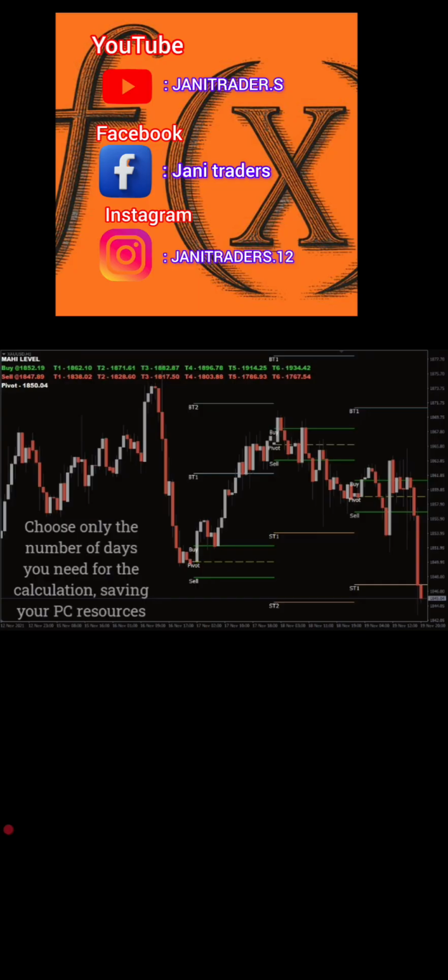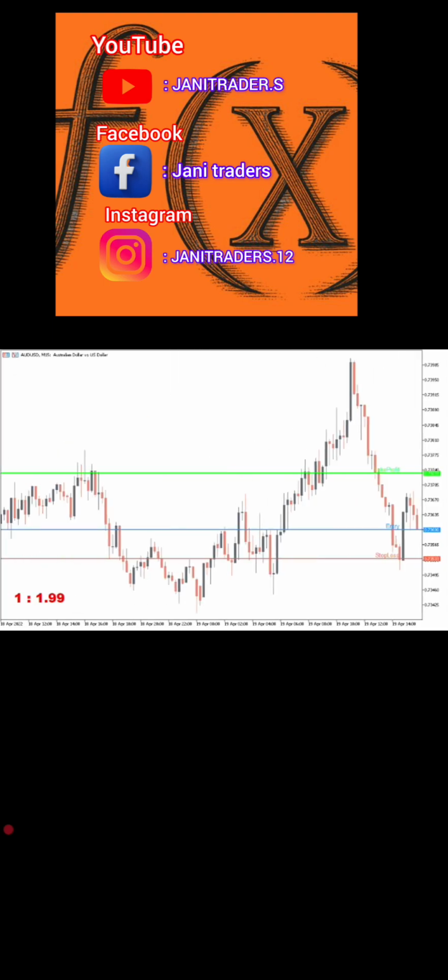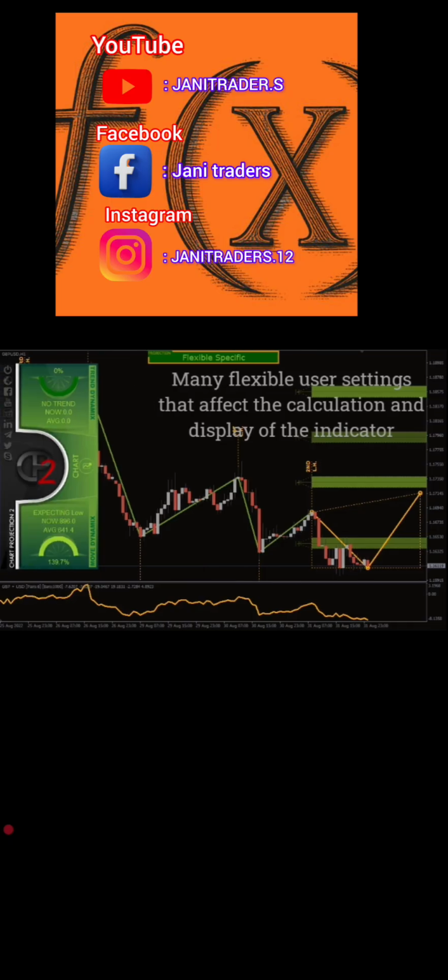This is what you must have. It gives you the entry, it gives you your sell stop, and it gives you take profit. So you have to do nothing. You just have to enter the market at the right time, follow the system and make money.